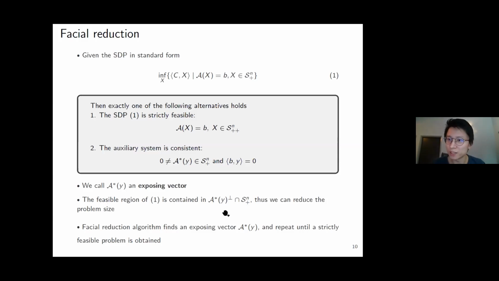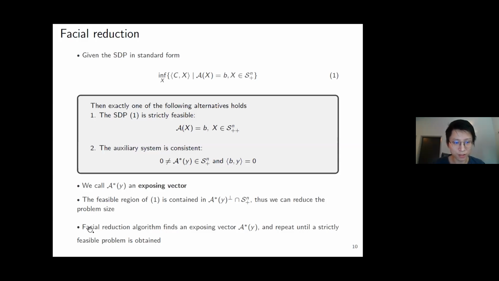For those who are familiar with convex analysis, this is a face of the PSD cone. And that means I can restrict myself to a smaller face of the PSD cone, which is a smaller PSD matrix. And therefore, we have reduced the problem size.